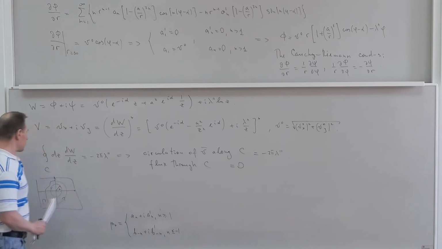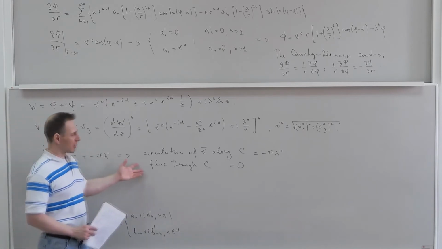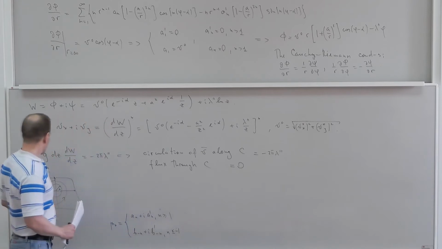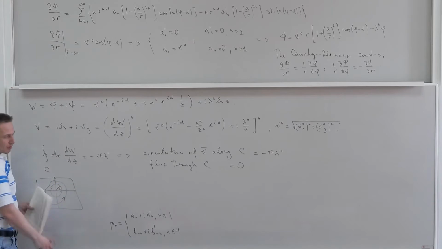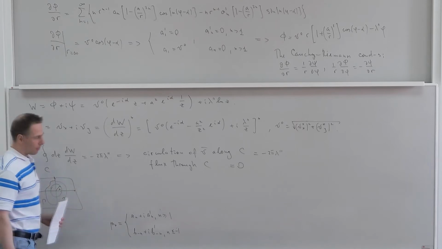And this is an expectable result because this cylinder is impenetrable, and therefore the flux of the vector field V must be equal to 0 through the contour C.